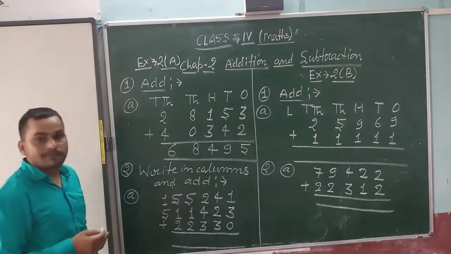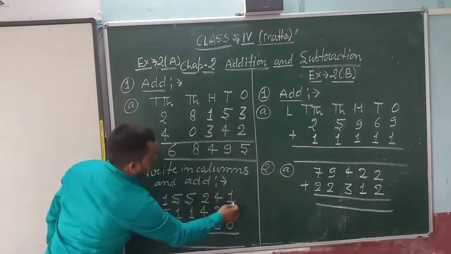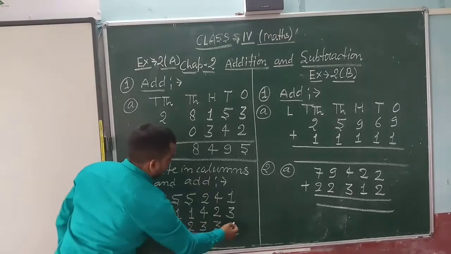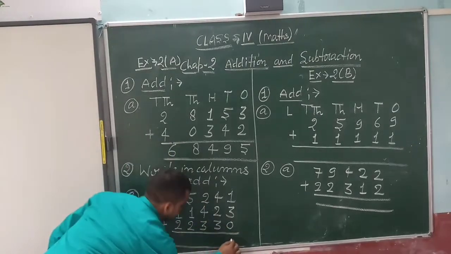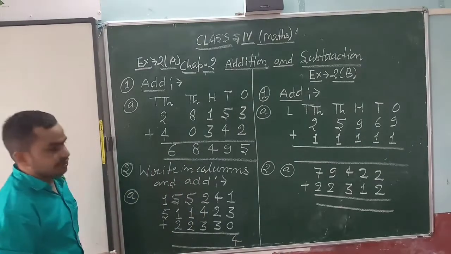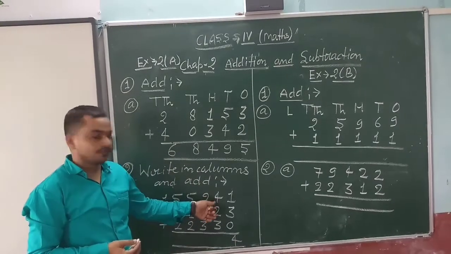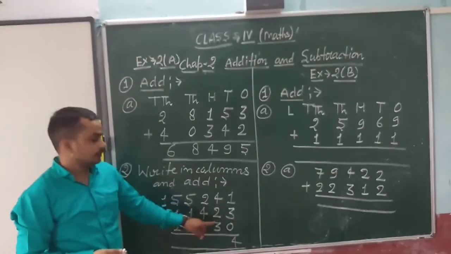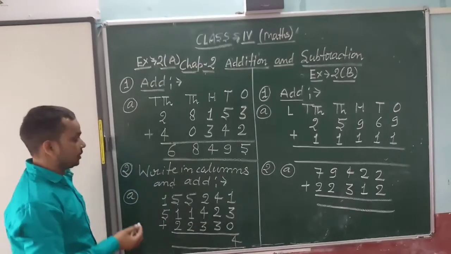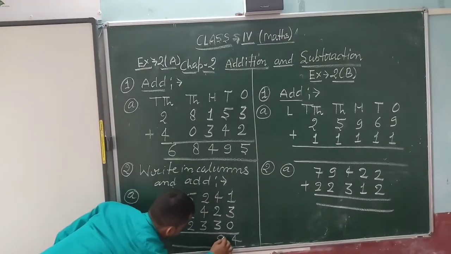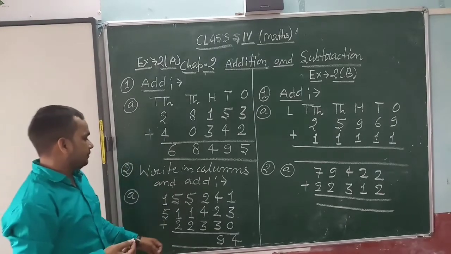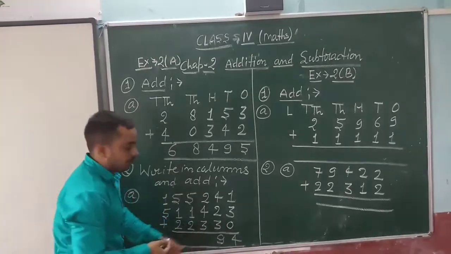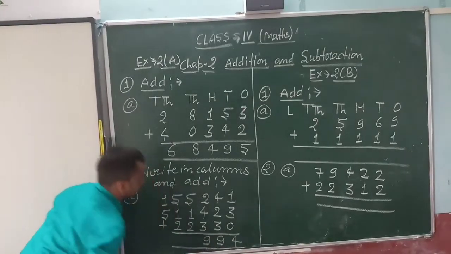So when we add from the right side, 3 plus 1 plus 0. 3 plus 1, 4, plus 0, so we get 4. Next, 4 plus 2 and plus 3. 4 plus 2, 6, and 6 plus 3, so we have 9. Then 2 plus 4, 6, and plus 3, 9.